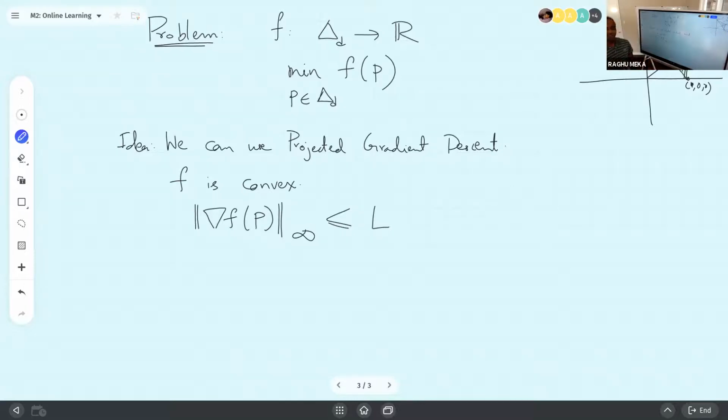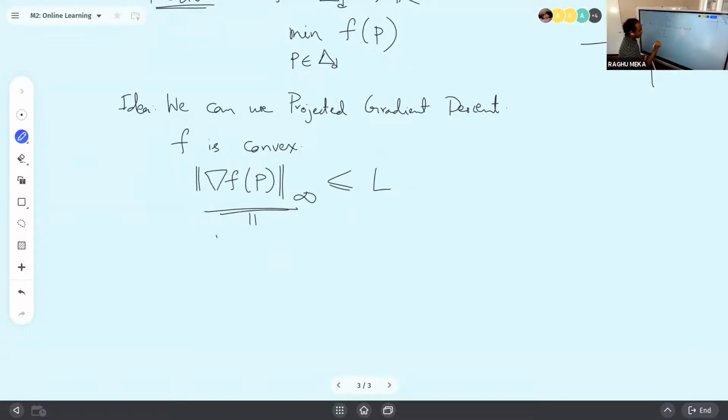It's kind of like a Lipschitz constant, but it's really working in this infinity space. So what do I mean by this? This is equal to the maximum value of the gradient's absolute value in any coordinate.